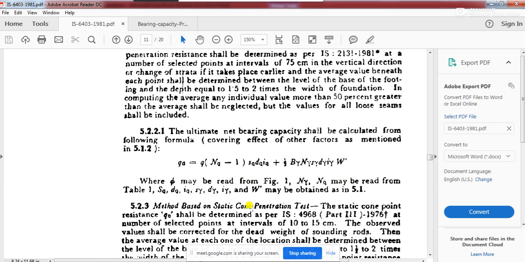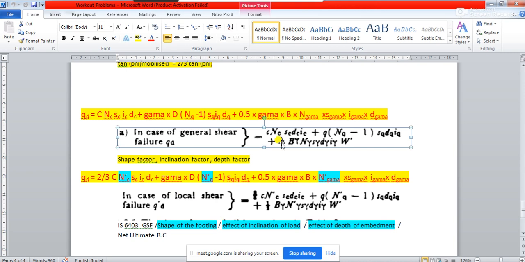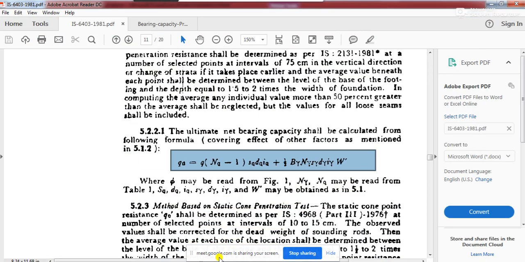Why is the cNc term not there in this? Can anyone tell? See, in this formula, is there any cNc kind of term? The cNc, sc, dc, ic terms are omitted.